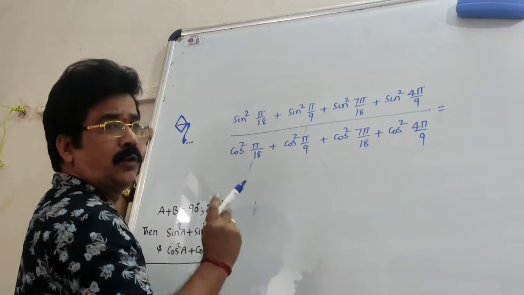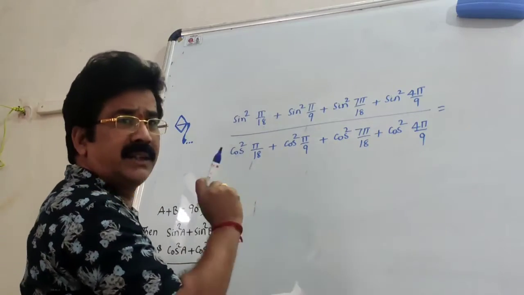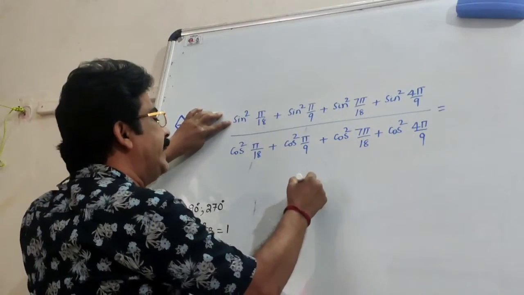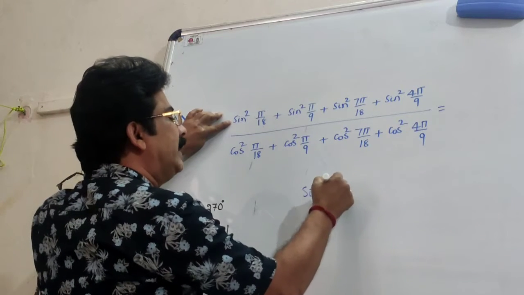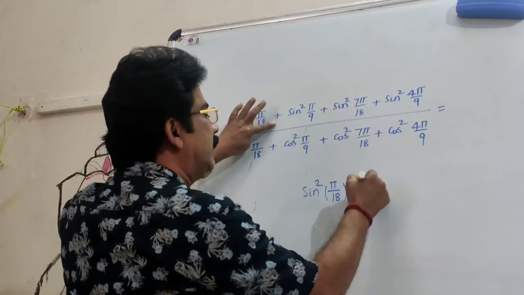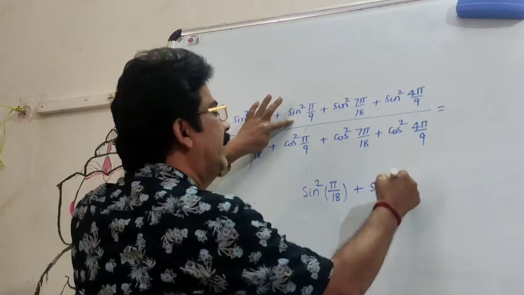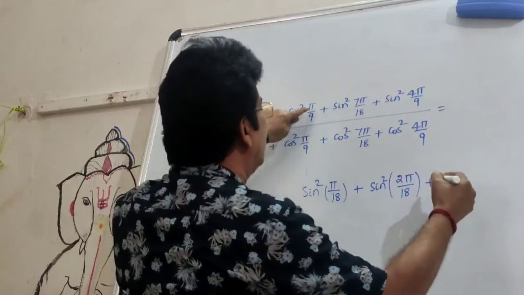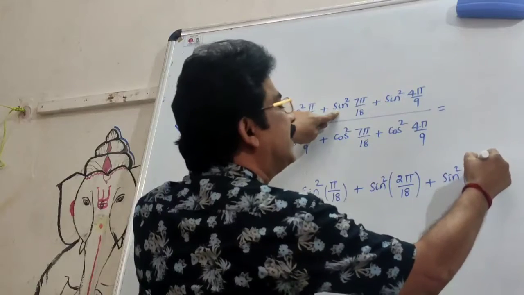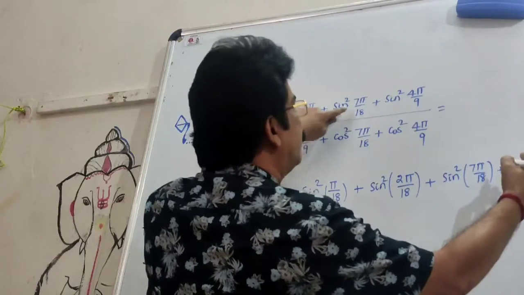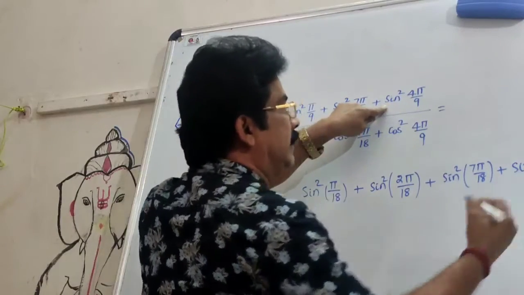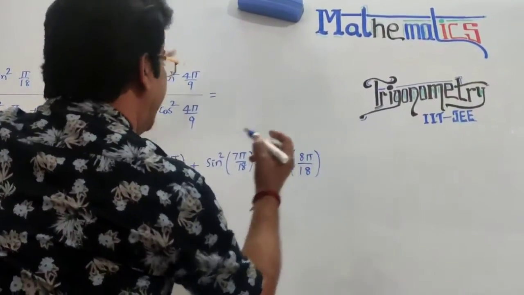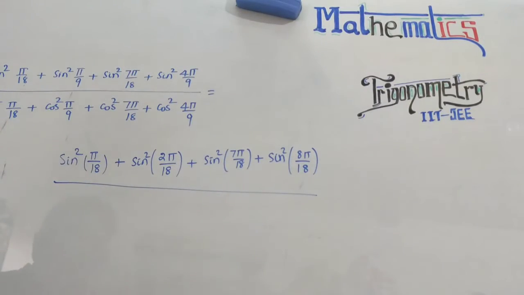The denominator 18 is there, so first we shall try to make the denominator the same in all four terms. Here sin² π/18 plus sin² of 2π/18, since π/9 can be written as 2π/18, plus sin² 7π/18 plus sin² 8π/18, since 4 times 2 is 8 and 9 times 2 is 18. Now in all four terms the denominator is the same.